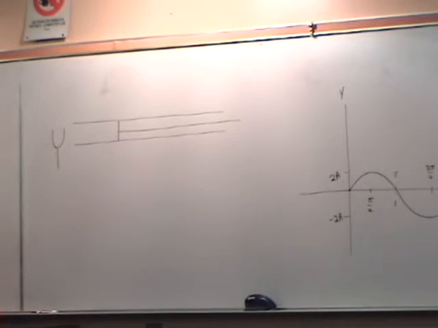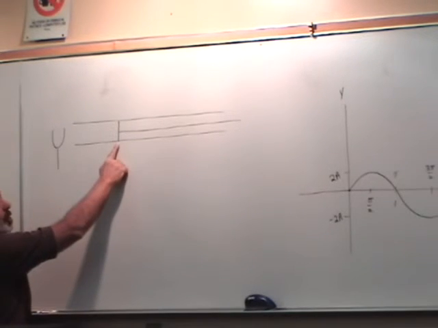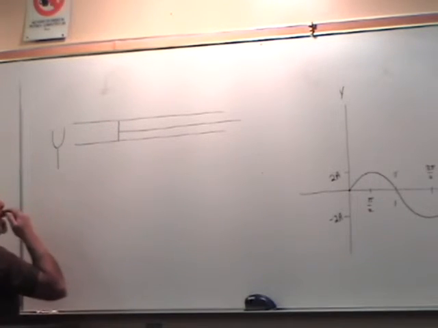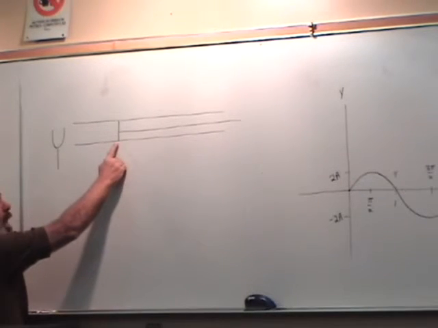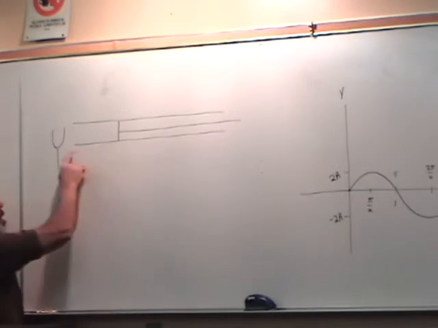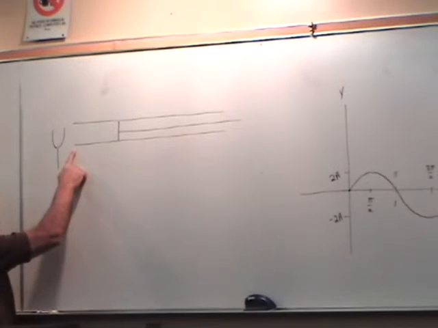What was going on was when you find the correct position for the piston, then you can establish in here a standing wave. Now in this case we have a standing wave where there's a fixed boundary here, so there's a node here, but there's a soft boundary here, an antinode here.